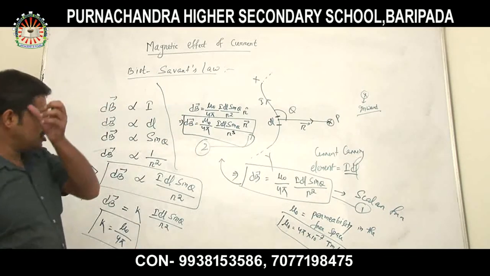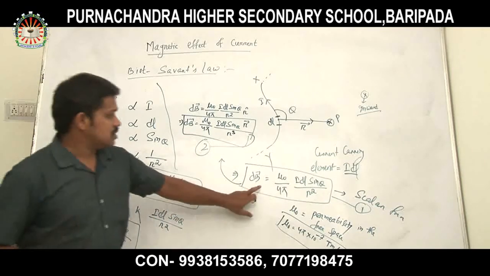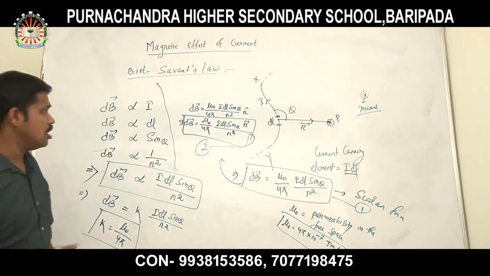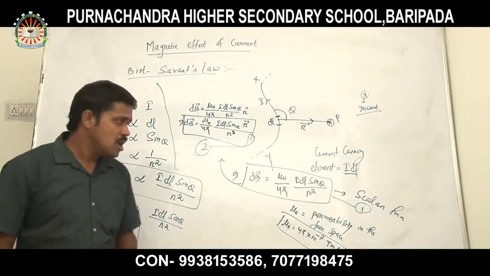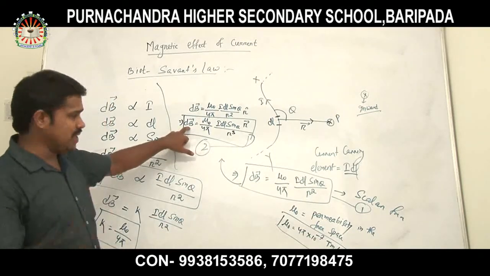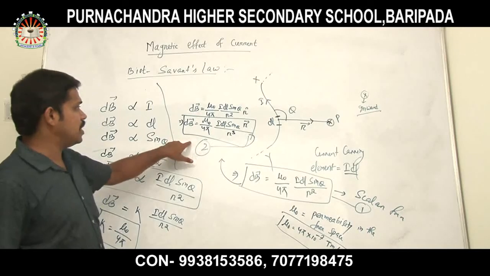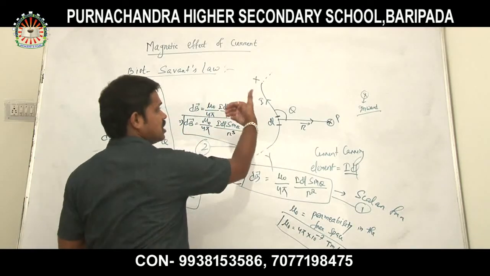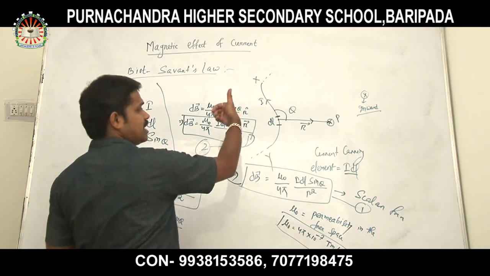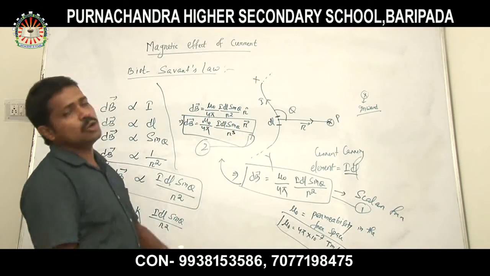Equation 1 is the scalar form of Biot-Savart's law. Equation number 2 is the vector form of Biot-Savart's law. Again I'll repeat, the direction of this magnetic field we will find out using Maxwell's right hand thumb rule or Maxwell's screw rule. Very simple.